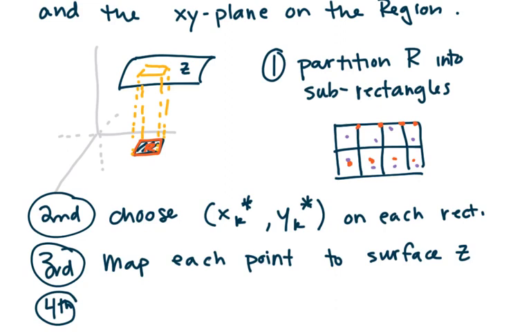I'm going to have all of these different rectangular prisms or parallelepipeds. Because I've drawn 8 rectangles, we'll form 8 parallelepipeds.